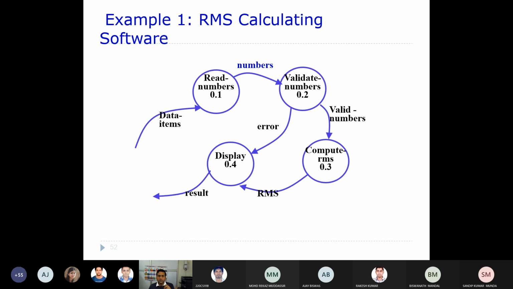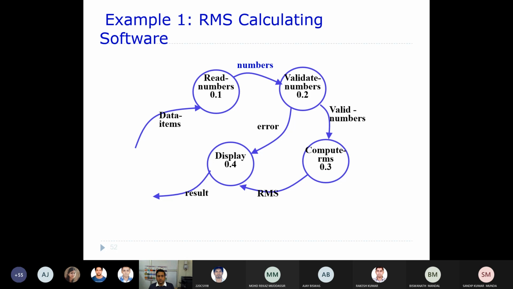Now we can see, as part of this, a level 1 diagram where whatever the processing is, it is divided into sub functions. Here the sub functions are: read numbers, validate numbers, compute RMS, and then display number, right?